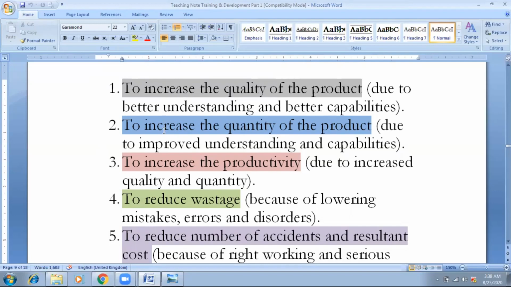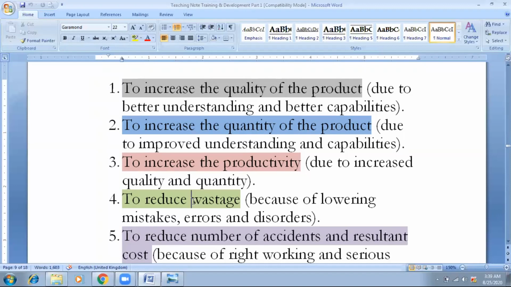Second, to increase the quantity of the product due to improved understanding and capabilities. Third, to increase productivity due to increased quality and quantity. The fourth advantage is to reduce wastage, because of lowering mistakes, errors, and disorders.